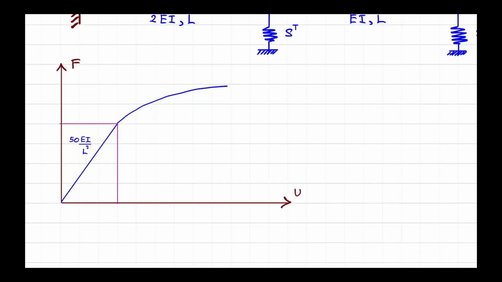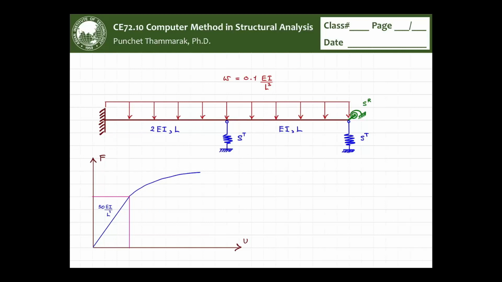And then regarding the force, I'm pretty sure that it is W times L, approximately. This is just an approximate way to look at the problem. W times L, which is like this tributary area.